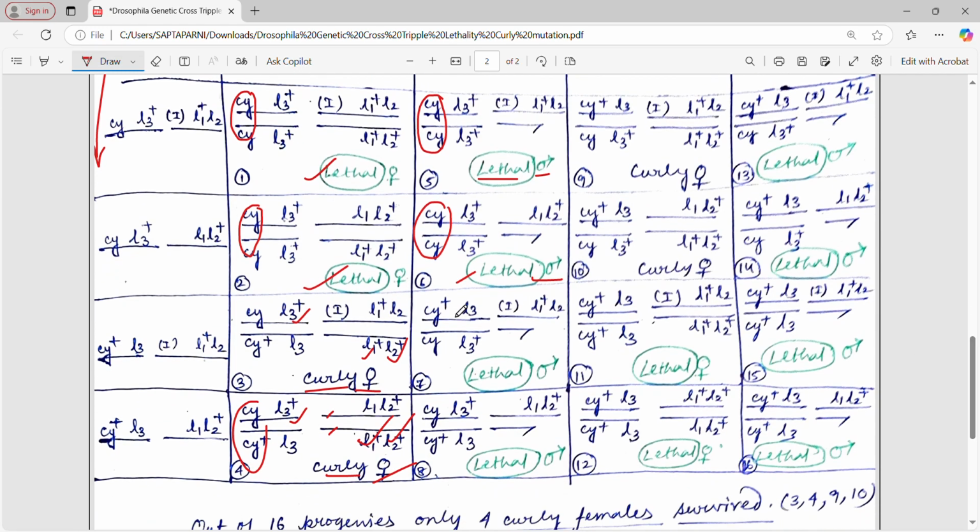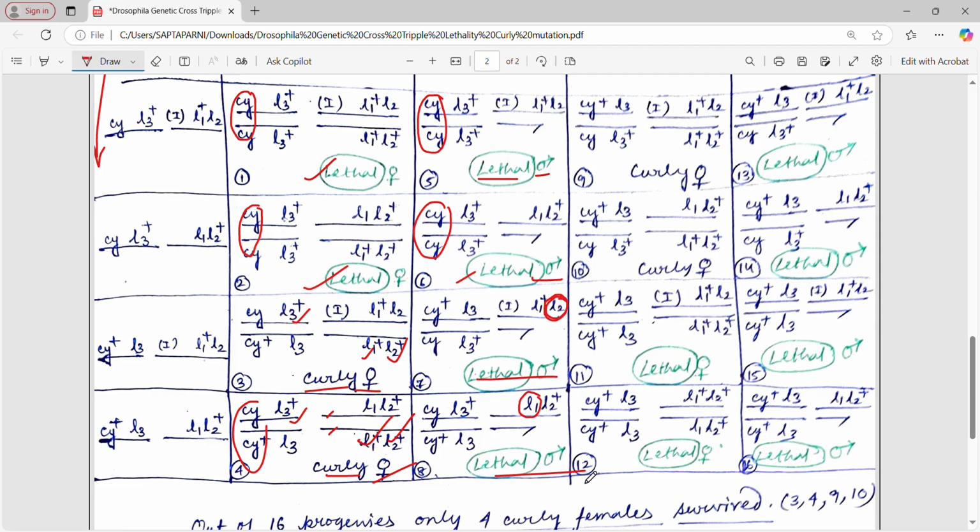Then CY plus CY: whenever there is CY plus CY it should be a Curly one, but due to absence of L2 plus, this progeny could not survive. Though there is L1 plus, L3 plus, there is no L2 plus, so it is a lethal male. Next, due to absence of L1 plus, this male progeny could not survive, so it is also lethal.